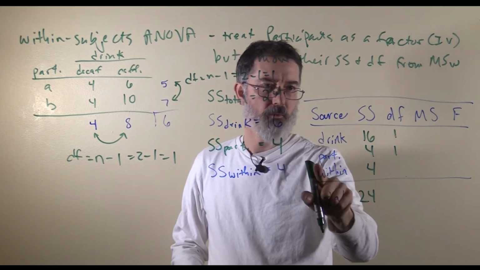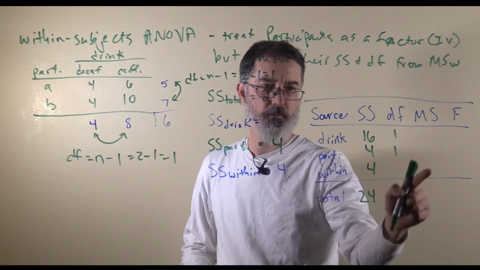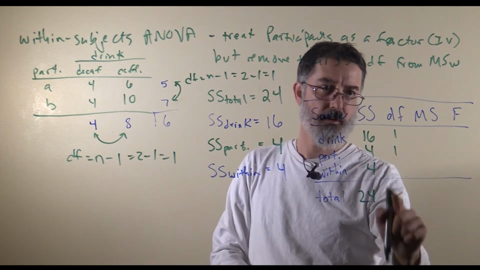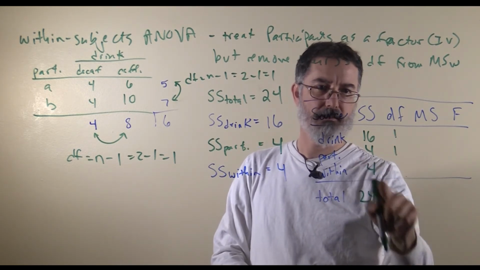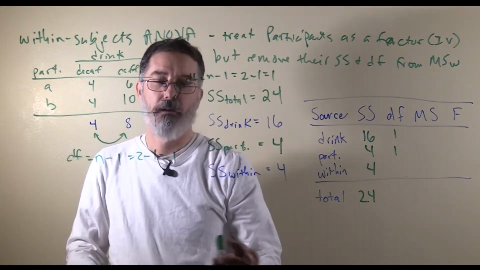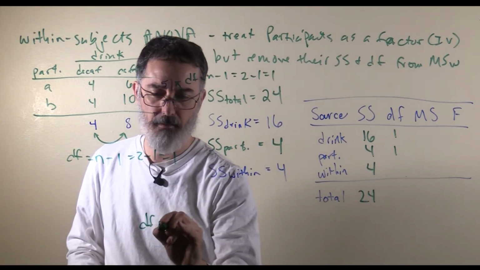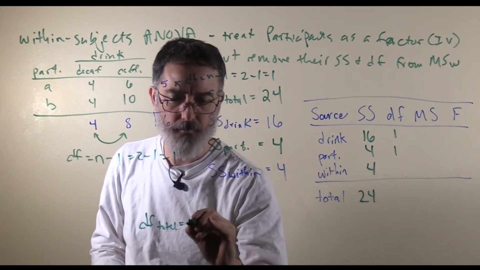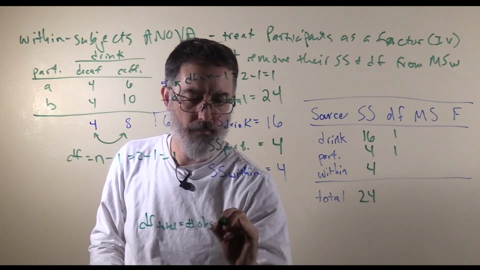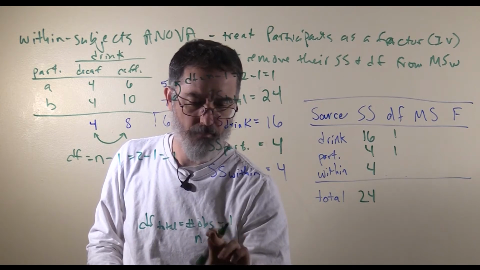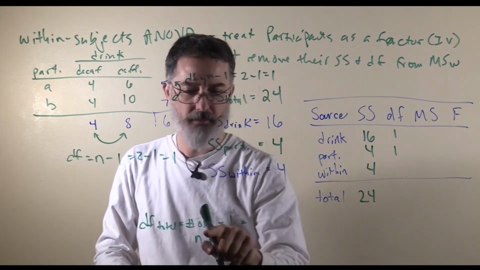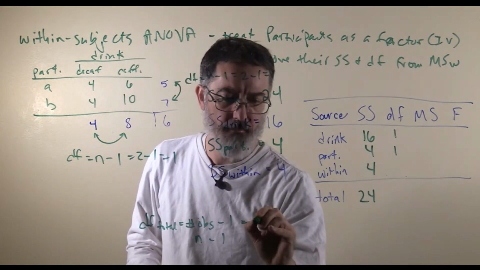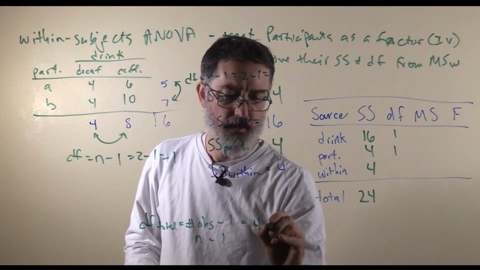The degrees of freedom within, just like for sums of squares, is going to be whatever's left over after we take the degrees of freedom total and subtract those for these other variables. Our degrees of freedom total is going to be our number of observations minus 1. So n minus 1. And the number of observations in this case is 1, 2, 3, 4. We have 4 independent pieces of information there, minus 1.